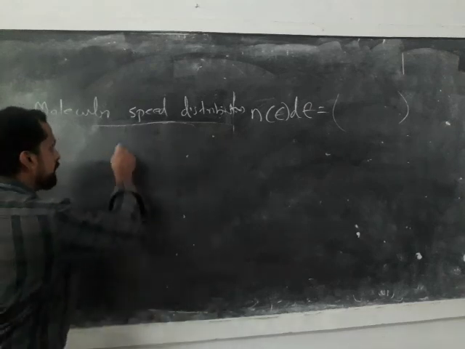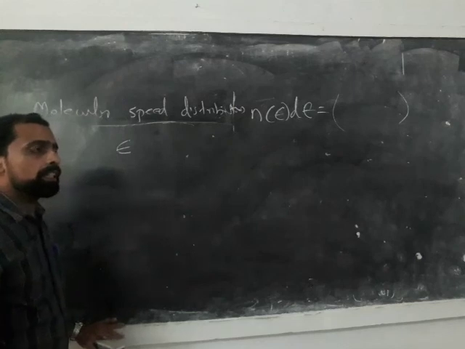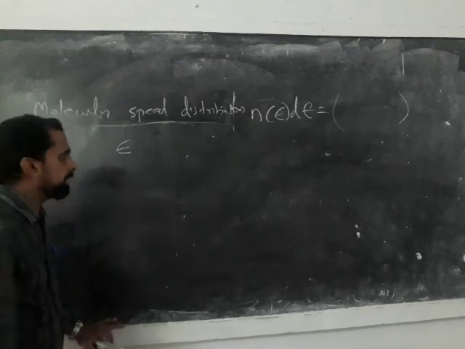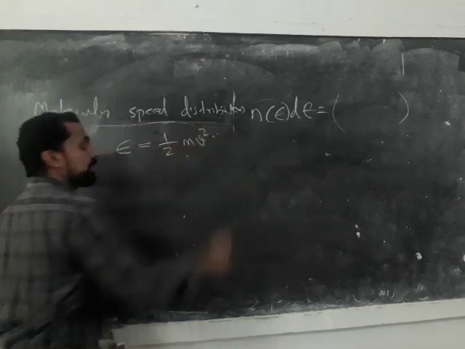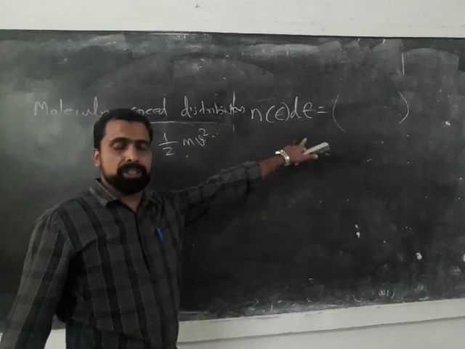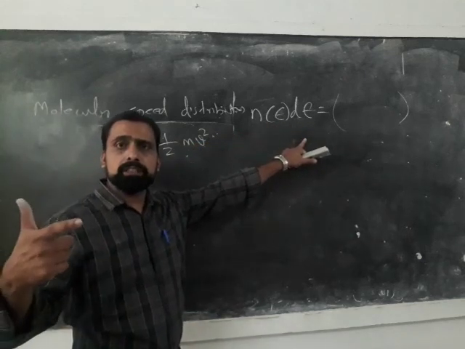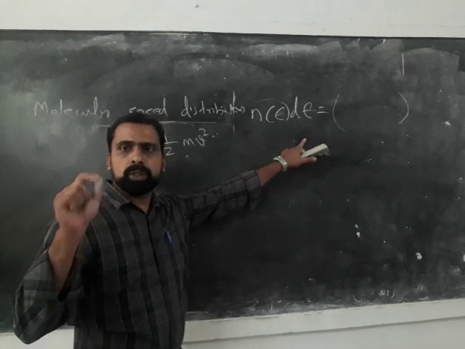So the energy of a molecule, I already told, we consider only the kinetic energy. That is equal to half mv square. Now you have the energy distribution. Now you want the speed distribution, the distribution of molecular speed.